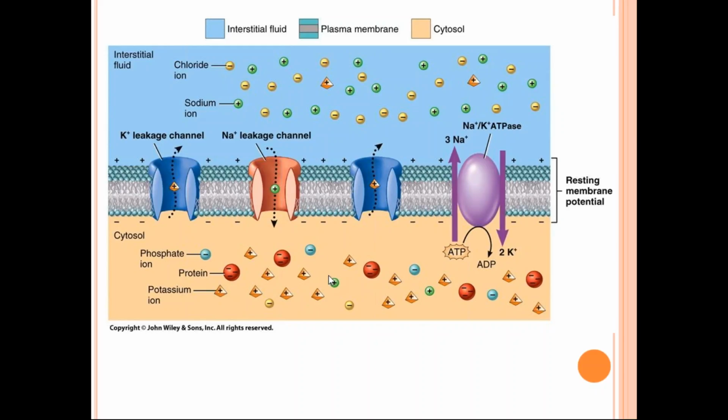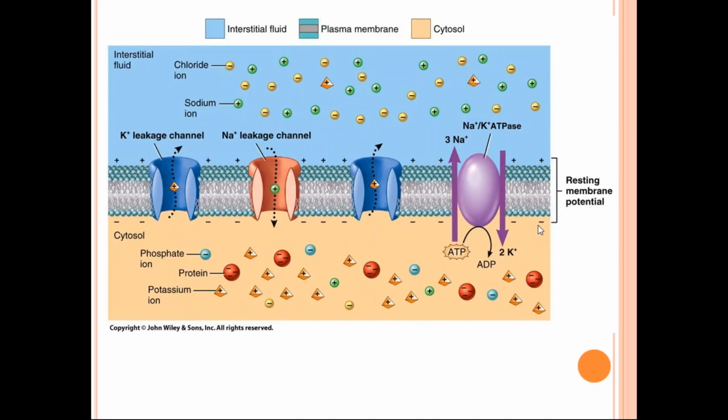Okay, so all of this, these negative proteins and phosphates on the inside, all the potassium that's leaking out, the sodium-potassium pump putting everybody back, leads to this slight negative charge or difference between the inside and the outside, and they always refer to the inside as minus 70 millivolts.